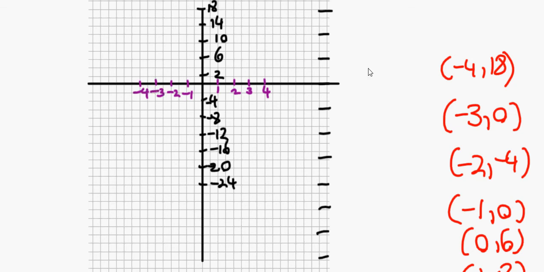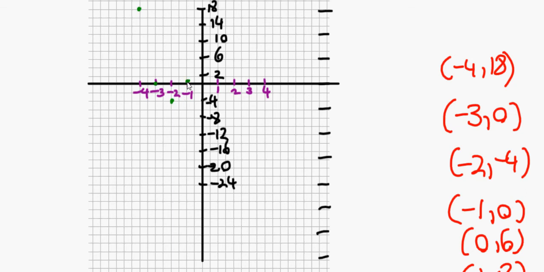Now we're going to start drawing this. Minus 4, 18 is going to be located here. Minus 3, 0 is located here. Minus 2, minus 4 is located here. Minus 1, 0 is located there.